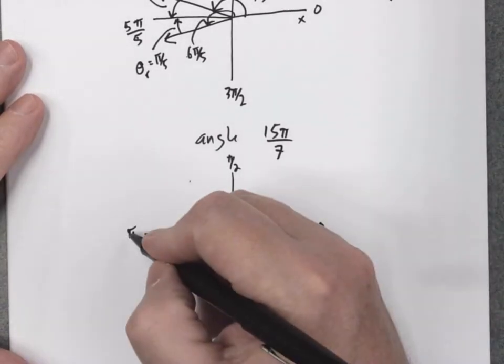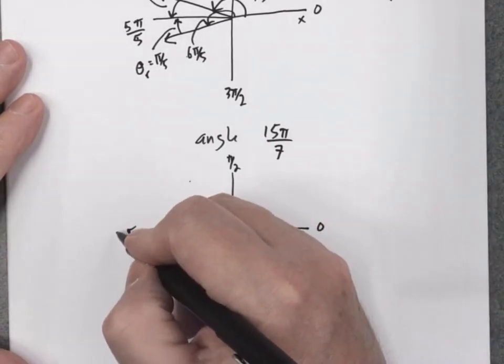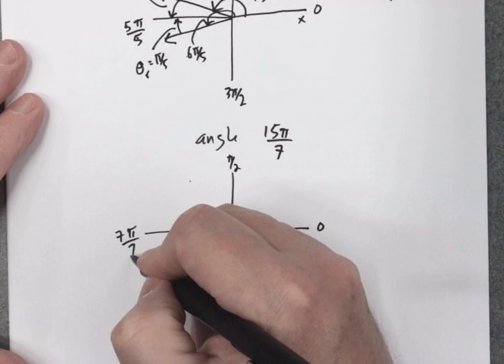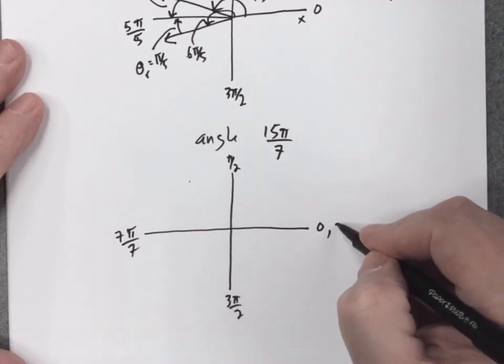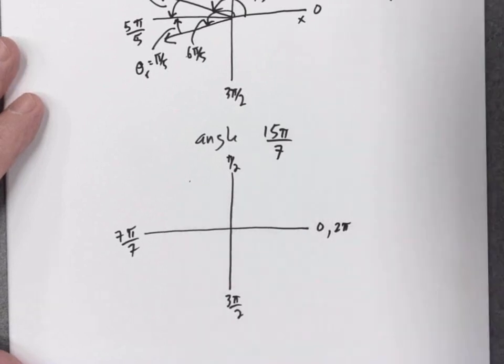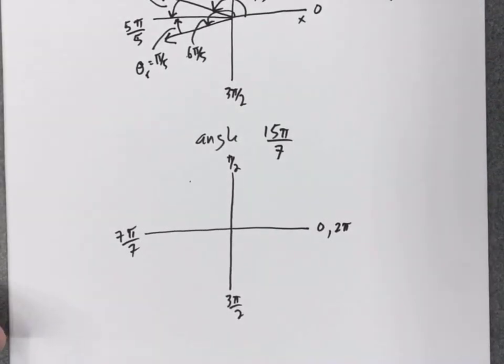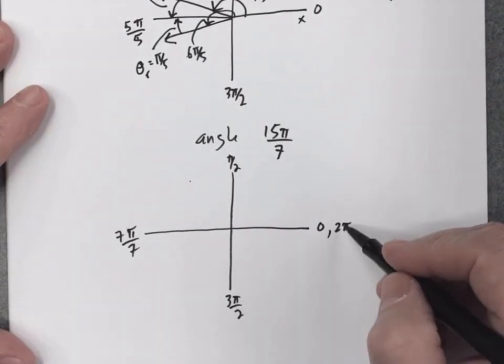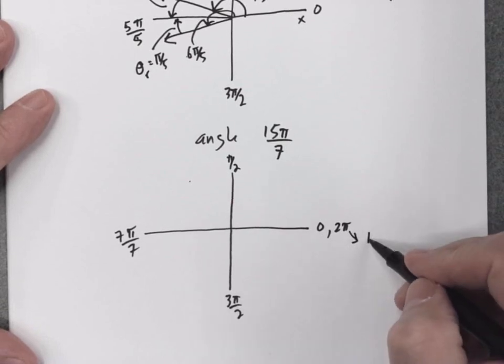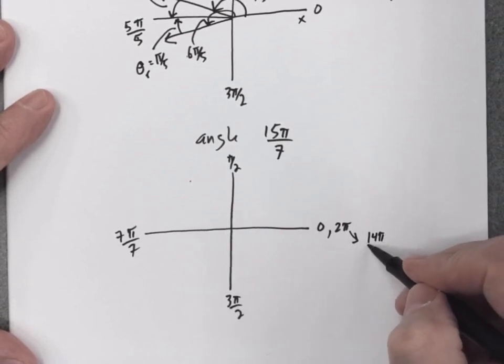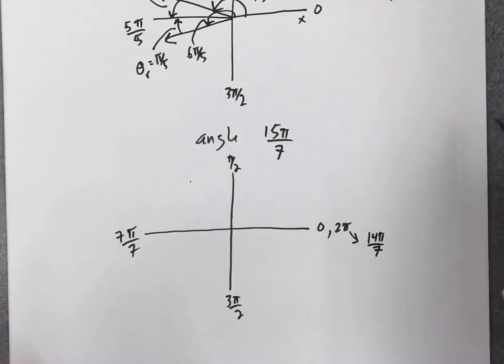So in other words, let me rewrite pi as 7 pi over 7. Now if I go all the way around, I've gone 2 pi radians. If I convert this to a denominator of 7, 2 pi is the same as 14 pi over 7.